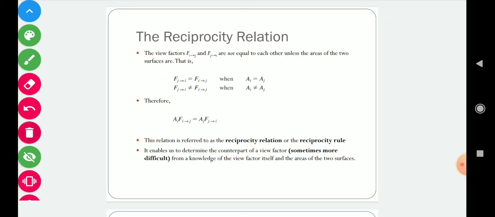Therefore we can write, as we also derived in our previous slide, Ai Fij equals Aj Fji. This relation is referred to as the reciprocity relation or reciprocity rule. It enables us to determine the counterpart of a view factor, sometimes more difficult, from knowledge of the view factor itself and the areas of the two surfaces.